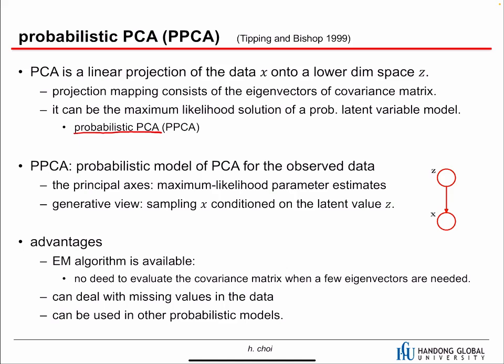But when we assume something, then it can be the traditional standard PCA. PPCA is a probabilistic model of PCA for the observed data, and the principal axis can be obtained by a maximum likelihood estimate. We are going to see this later.